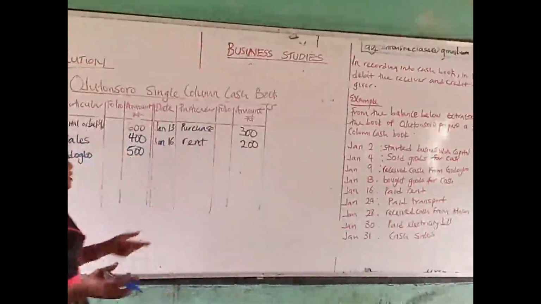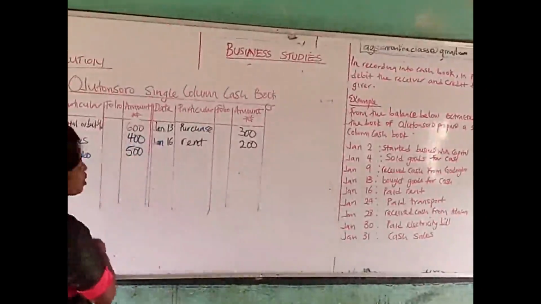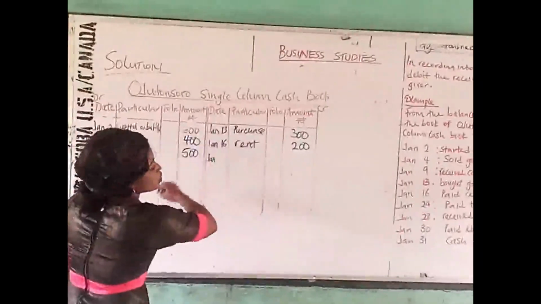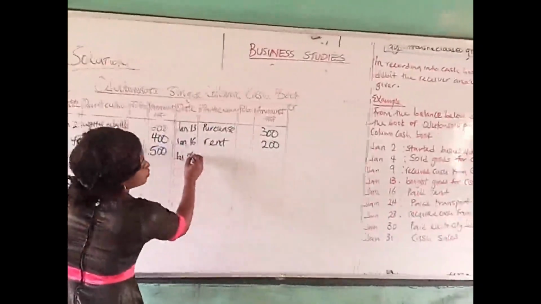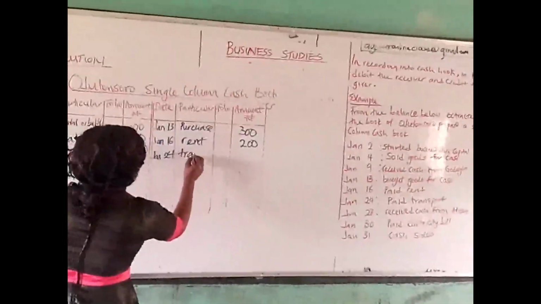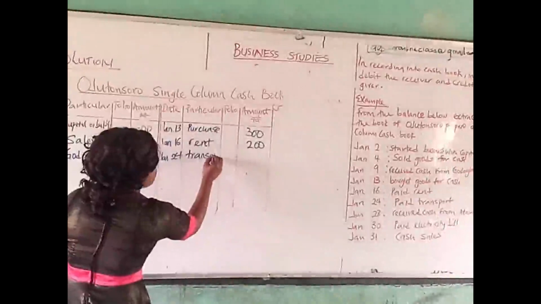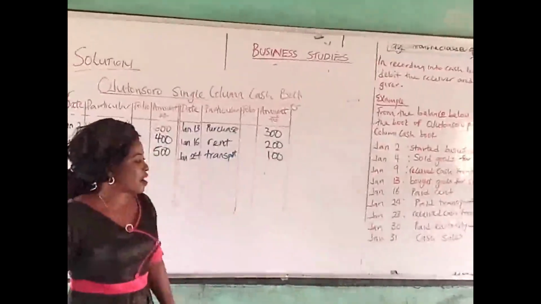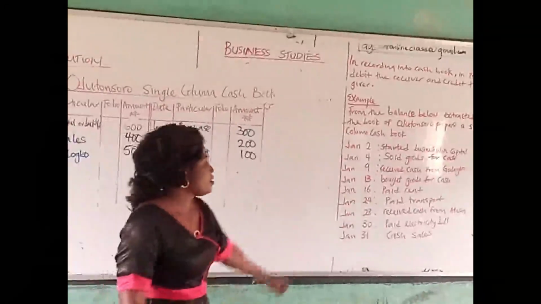Yes, credit side. Good of you. So we are going to record it in your credit side. January 24. Transport, because that is what they use the money for. 100 naira.